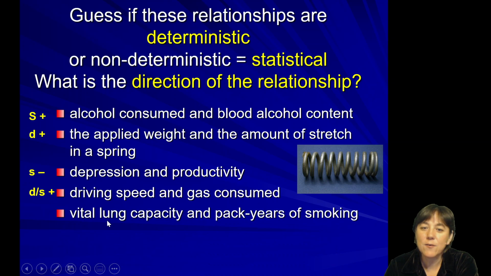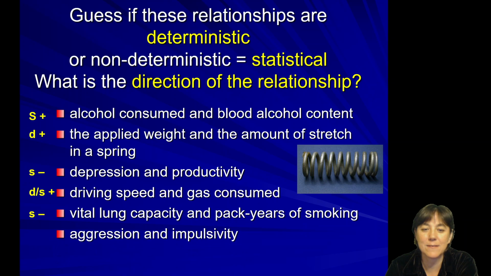What else? If you're applying different strings, then this deterministic relationship will also become statistical. So lung capacity and smoking, statistical and negative. The more you smoke, the less capacity you will have in your lungs.